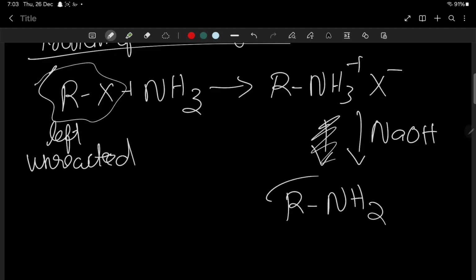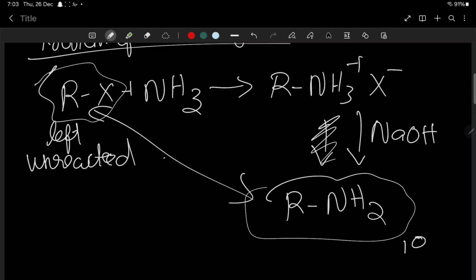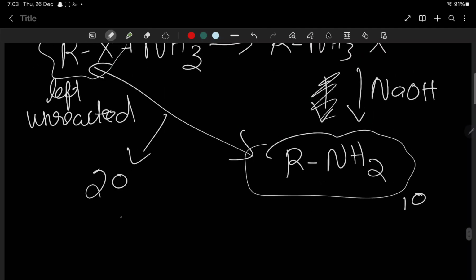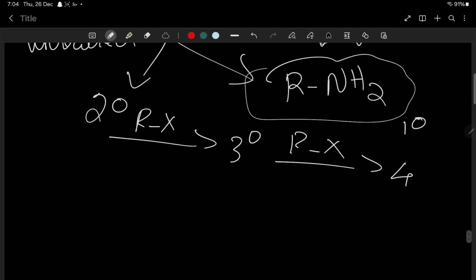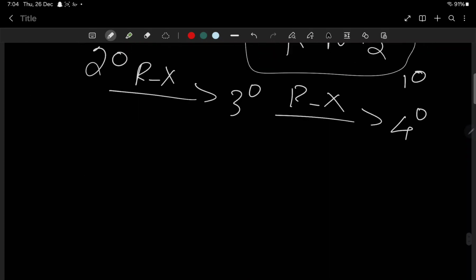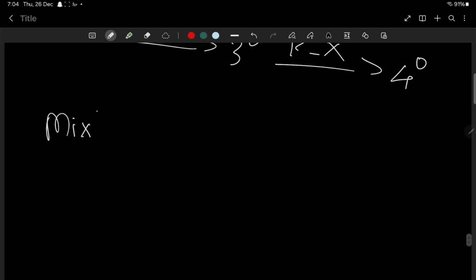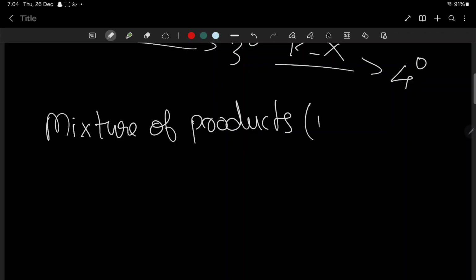We needed a primary amine. This primary amine is here, this RX is there. They react once again to form a secondary amine. The secondary amine once again reacts with RX to form a tertiary amine. Once again it reacts with RX to form a quaternary ammonium salt. Now there is a mixture of products, so the problem is that purification is difficult.